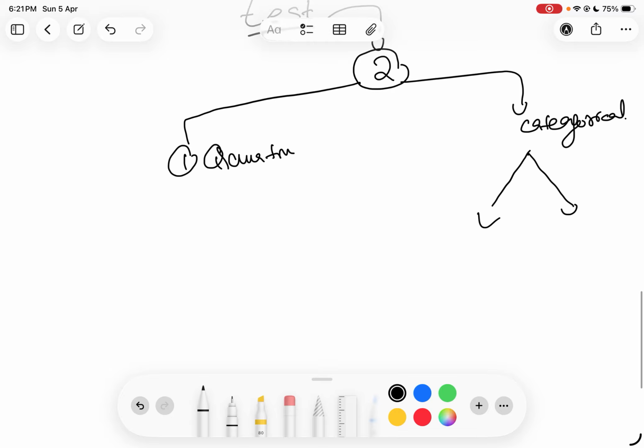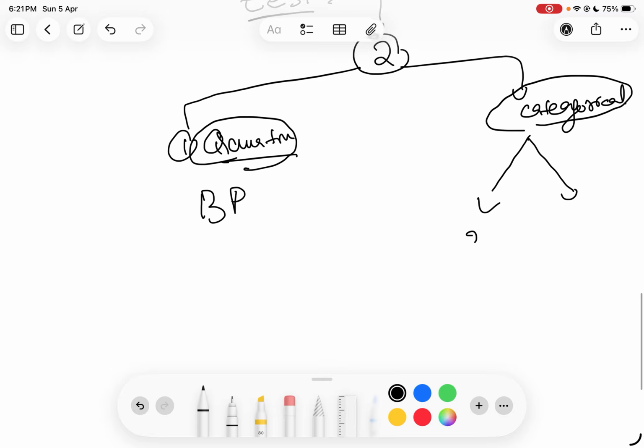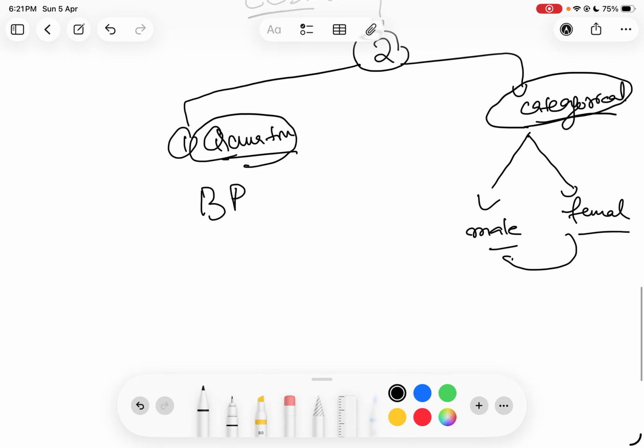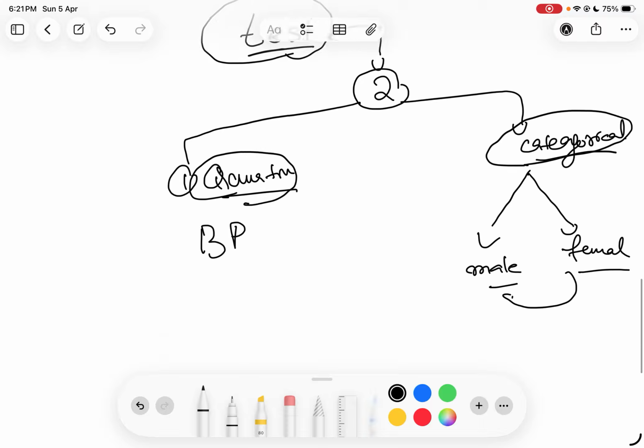For example, we are talking about blood pressure, BP. BP is obviously quantitative, and we are dealing with two categories, male and female. If we compare the averages of male and female, this would be done through the t-test.